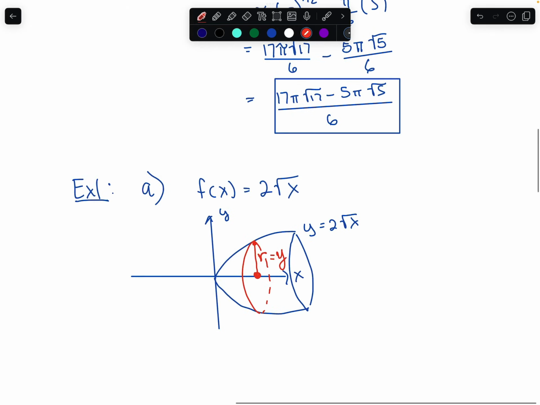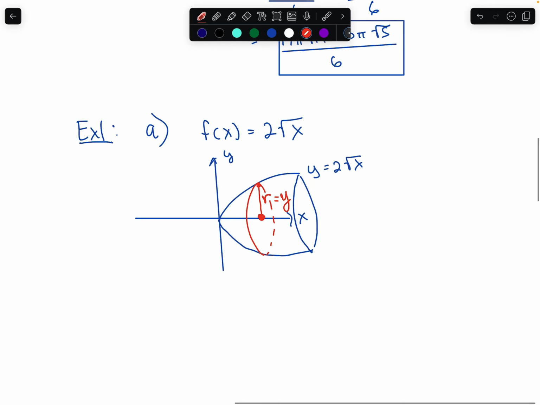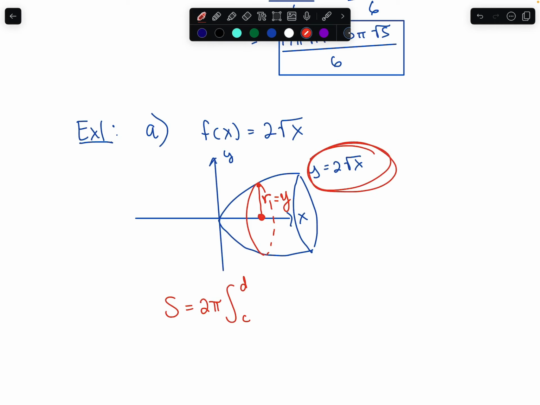What does that mean? That means that if I write a formula for surface area, I can do two things. I can do 2 pi integral from c to d of y, because again, these are interchangeable. So I could actually write y.